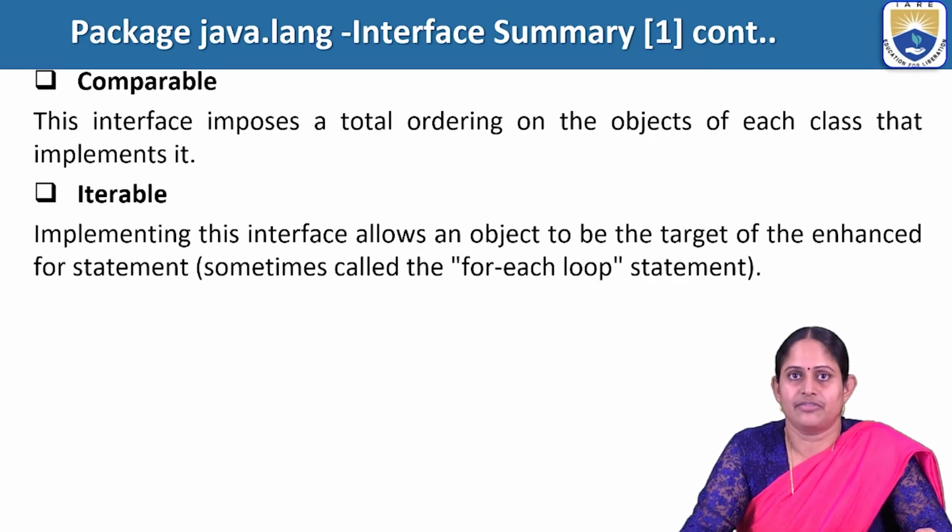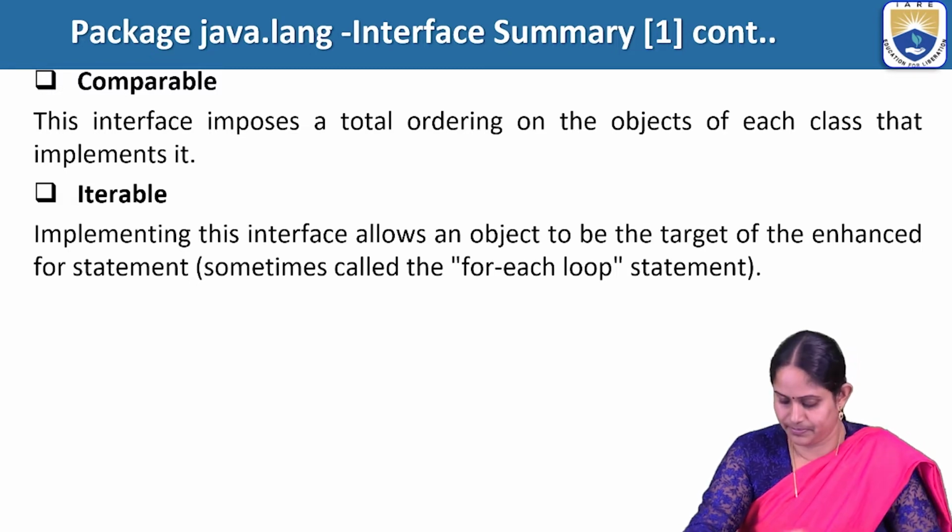The Comparable interface imposes a total ordering on the objects of each class that implements it. The Iterable interface: implementing this interface allows an object to be the target of the enhanced for statement, or the for-each loop.